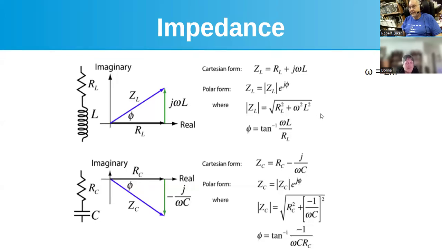The square of the hypotenuse is equal to the sum of the squares of the two sides. Okay, Pythagorean theorem. So Z would be equal to the square root of the sum of the squares of the sides.